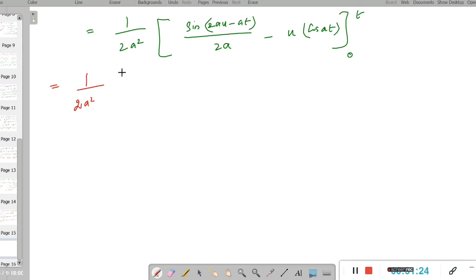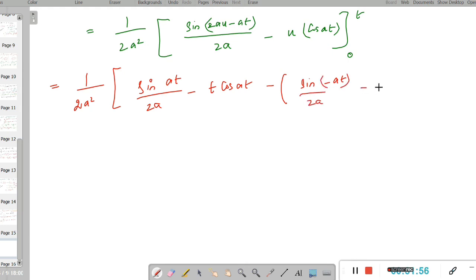1 by 2A square into, if you apply u equal to t, you may get sine 2AT minus AT, that means AT divided by 2A minus t cos AT. If you substitute 0, you may get 2AT is going to be 0, so sine minus AT by 2A minus 0.